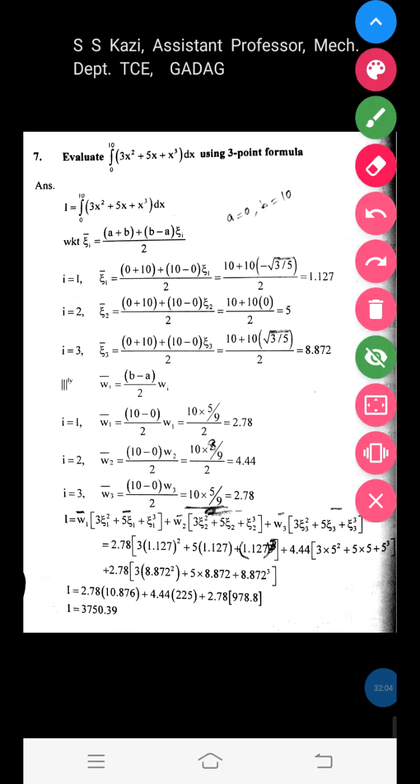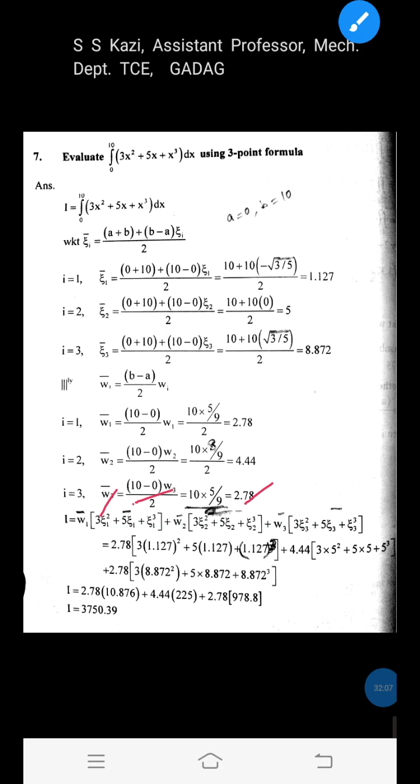After that, all the values we need to substitute, zeta 1, zeta 2, zeta 3, whatever we got. Zeta 1 bar 1.127, zeta 2 bar 5, zeta 3 bar 8.872. Here W1 bar 2.78 into f of zeta 1 bar, where I have substituted 1.127, plus W2 bar value 4.44 into bracket f of zeta 2 bar, where we have substituted 5, plus W3 bar 2.78 into f of zeta 3 bar, wherever zeta 3 bar is there we have substituted 8.872.